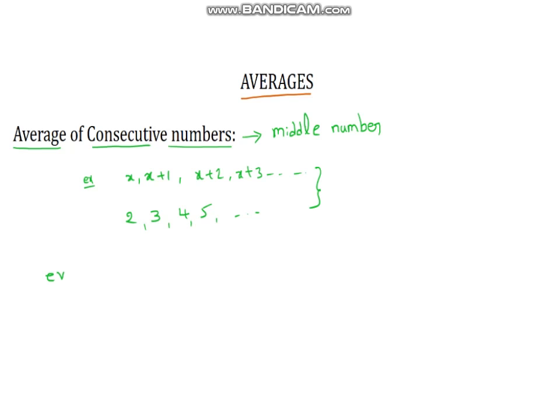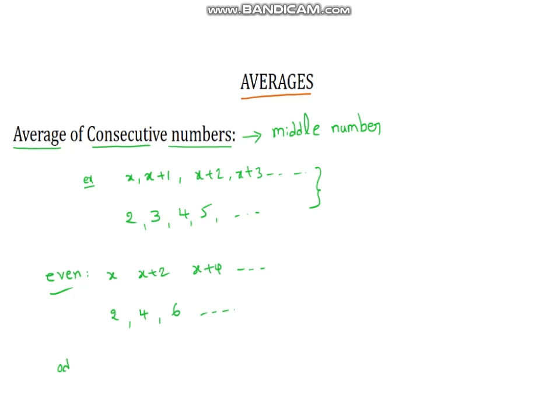Consecutive even numbers are x, x plus 2, x plus 4 and so on, where x is even. 2, 4, 6 and so on are examples of consecutive even numbers.